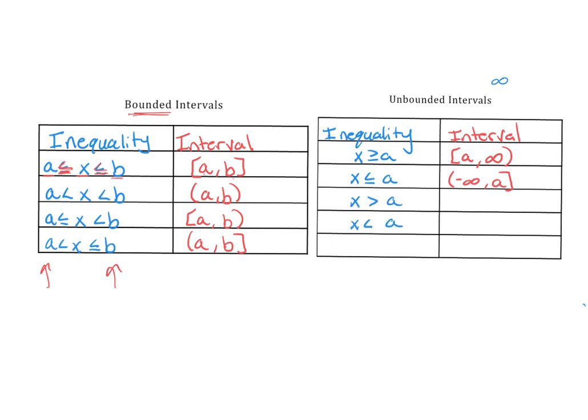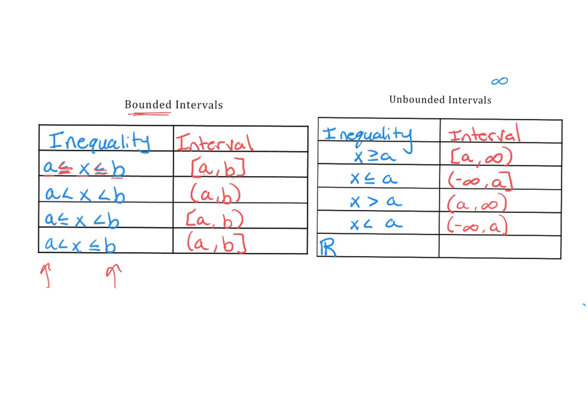And now that same idea, except now it's just greater than, not including. So this will be from a to infinity, and then this one will be negative infinity to a. No brackets, just parentheses.